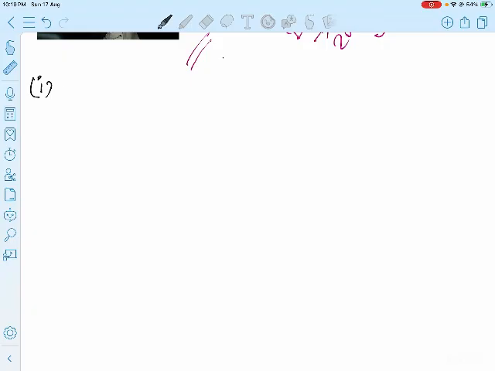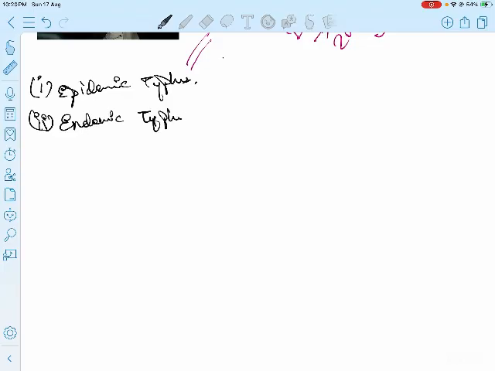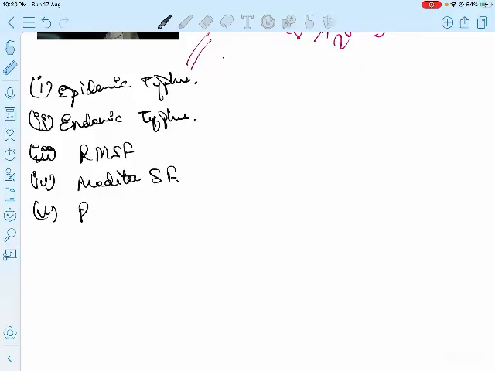Starting with epidemic typhus, endemic typhus, then Rocky Mountain spotted fever, then Mediterranean spotted fever, then rickettsial pox, scrub typhus, Q fever, and trench fever.